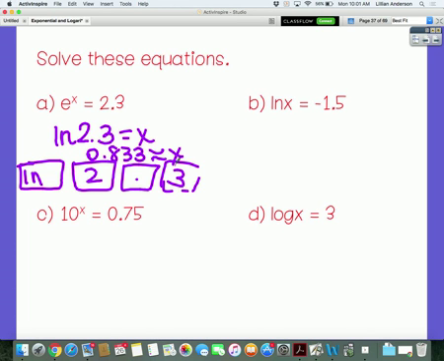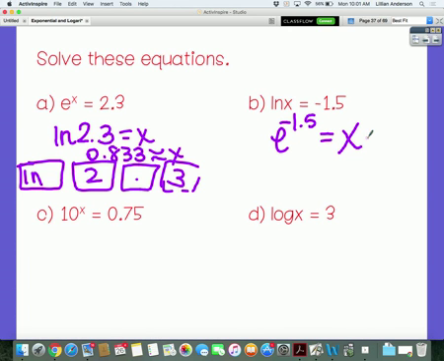Over here, if we look at b, is this exponential form or logarithmic form? So let's write an exponential to help us out some. How do you think we could write this in exponential? Our base is e. What are we going to raise it to? Negative 1.5 is going to equal x.